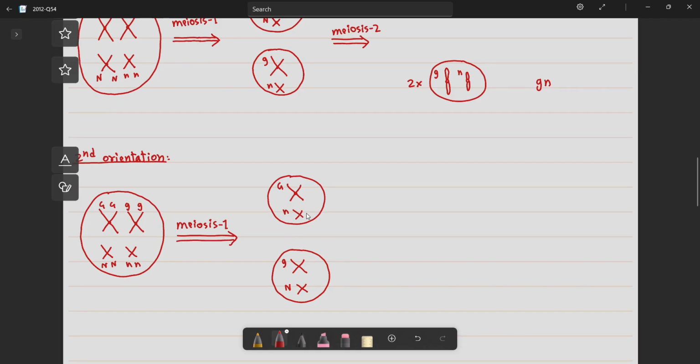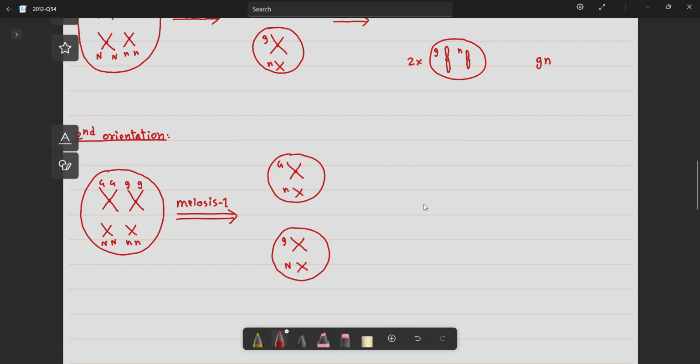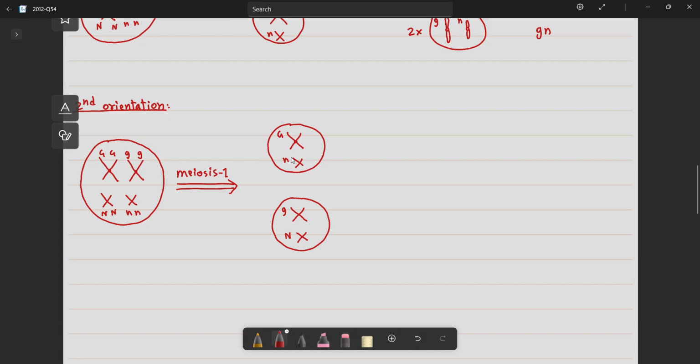But this time it's different. We have one chromosome carrying the dominant allele and the other carrying the recessive, and similarly one carrying the recessive and the other carrying the dominant for the specific gene. So this is the different combination we have here.